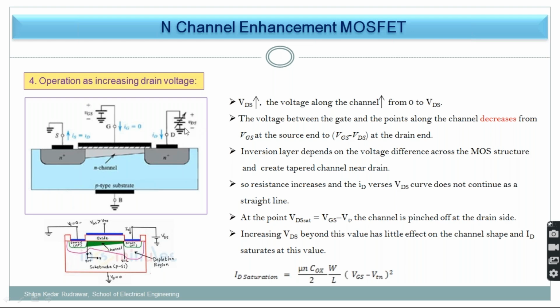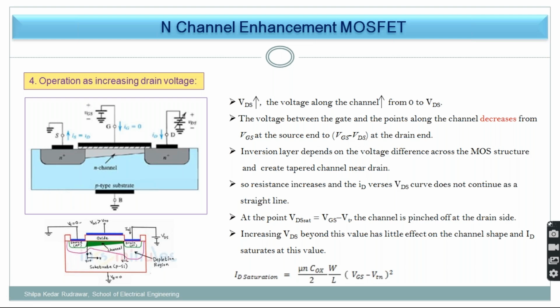When VDS is equal to VGS minus VT or greater than that, what will happen? That point is called VDS saturation, where your channel is tapered in such a way that it is only connected up to this particular point, and that's why this point is called the pinch off region.